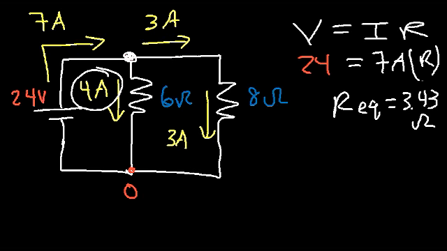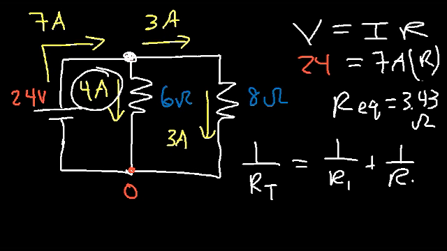Now there's another way in which you can calculate the equivalent resistance. You can use this equation. 1 over R total, which is the same as Req, is equal to 1 over R1 plus 1 over R2. So if you raise both sides to the minus 1, then you get this equation.